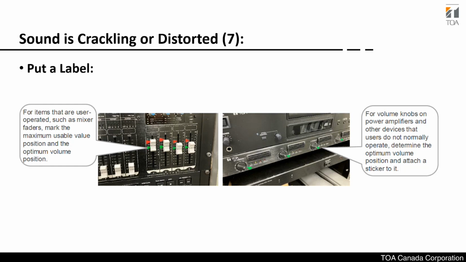So after you find an optimum, if you find a good setting or position, we recommend you put a label on the mixer and also the amplifier as well. Some of the integrators will use a glass door rack to store all the equipment and lock it to prevent people from accidentally cranking up and cranking down the system.